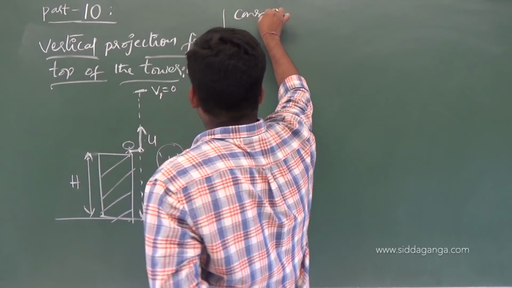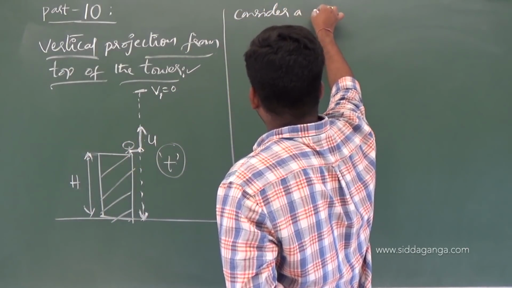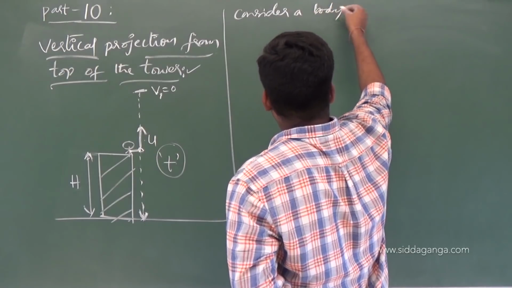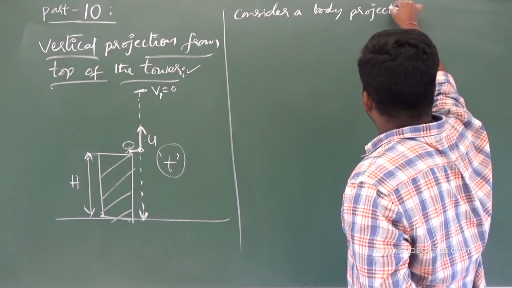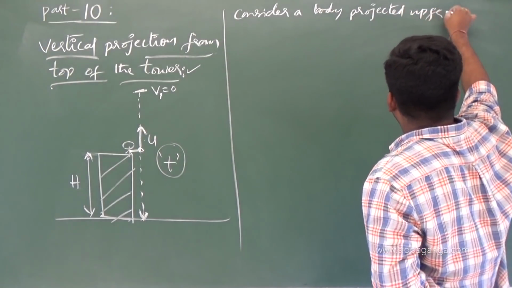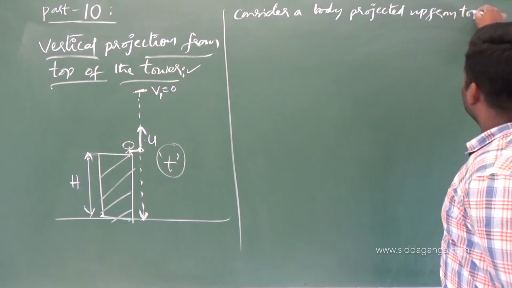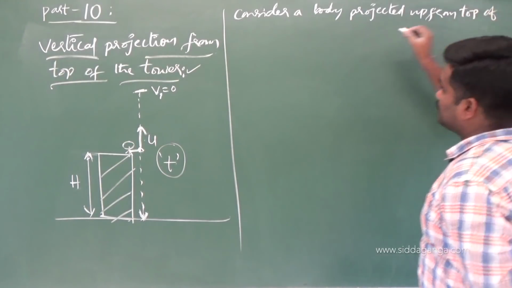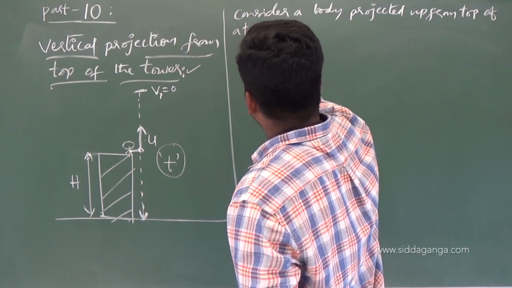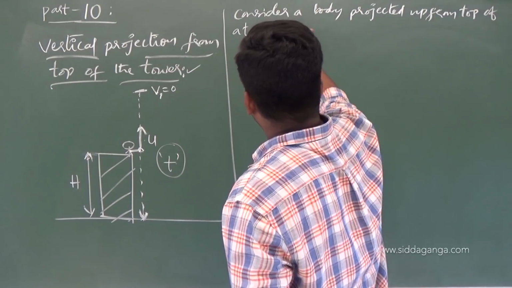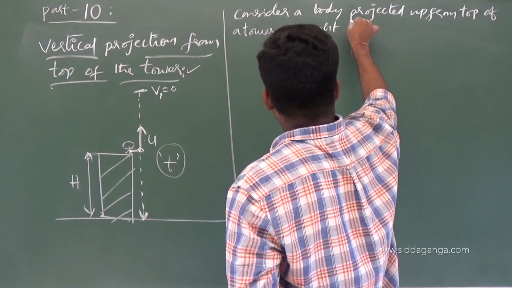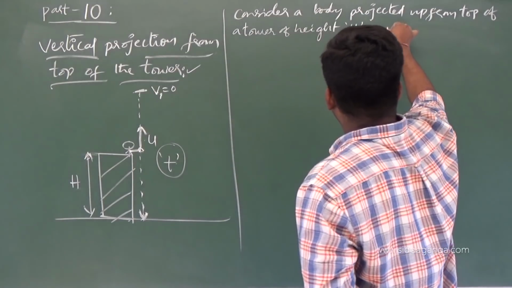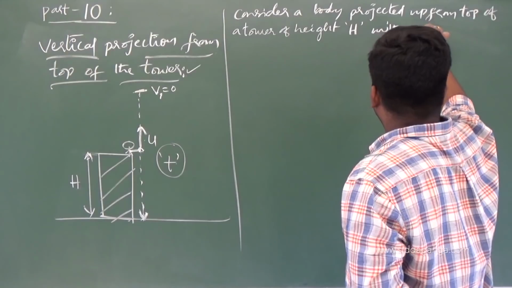Consider a body projected up from the top of a tower of height H, with velocity u.